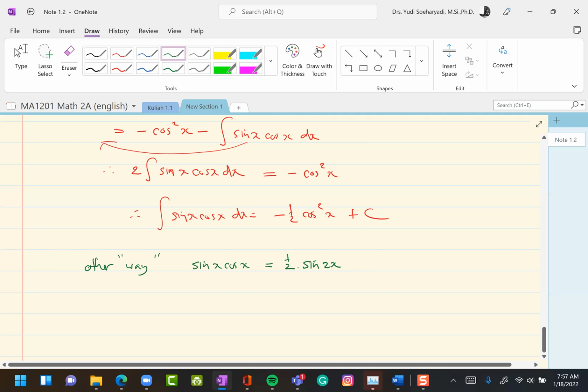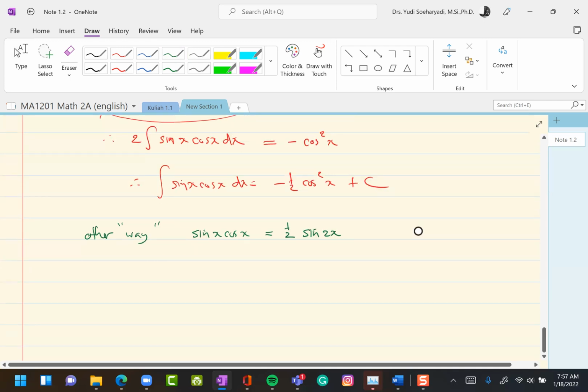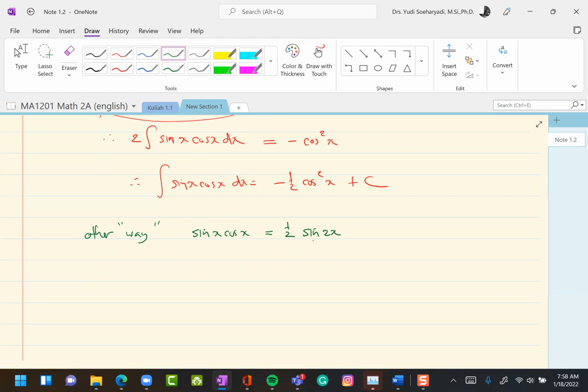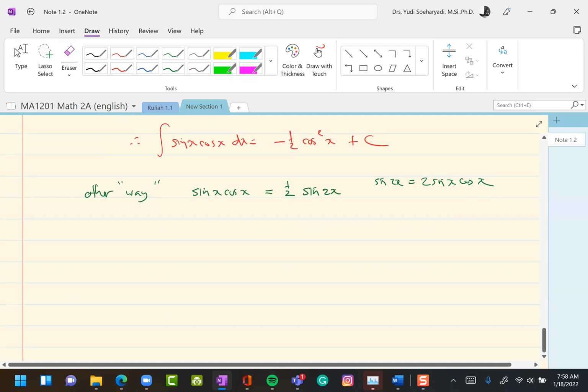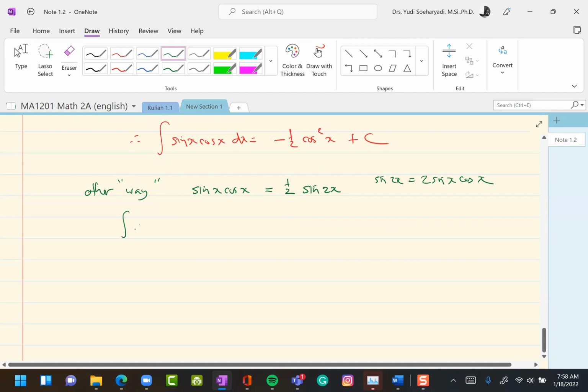Are you familiar with this trig identity? We usually have sine 2x is just 2 sine x cosine x, right? But we start with sine x times cosine x, so 1/2. Using this identity, this is not integration by parts.